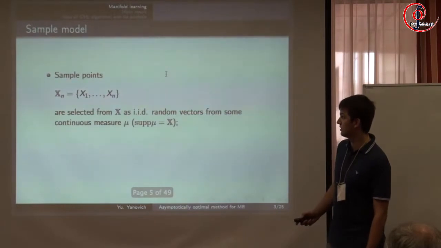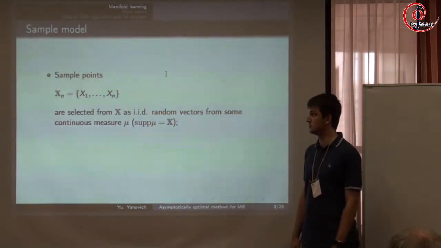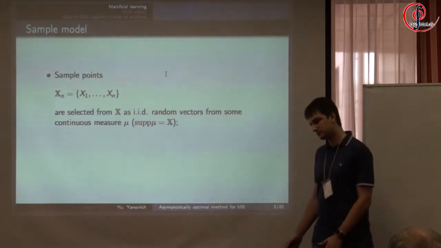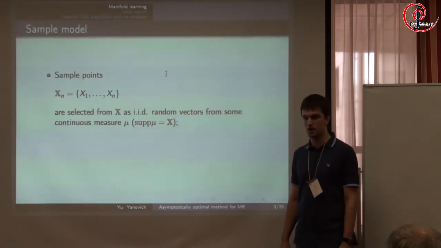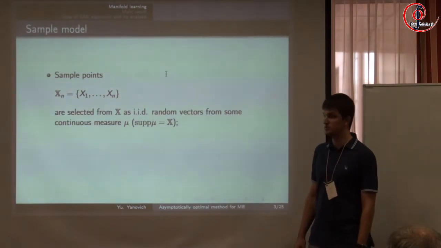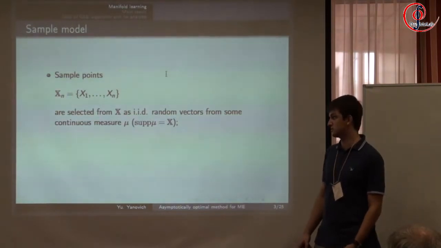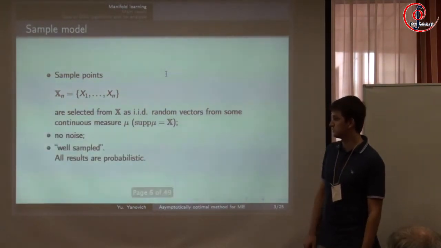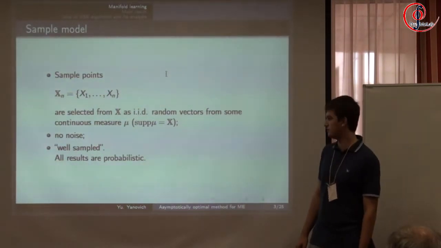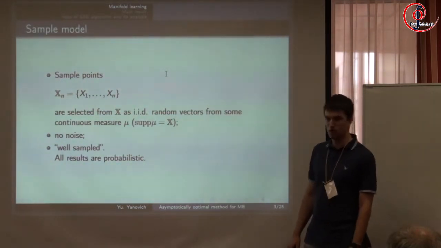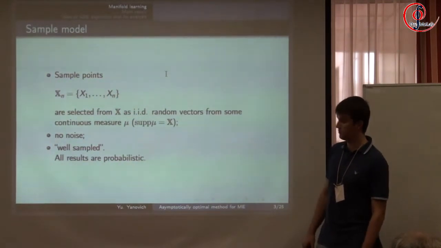More formally, we study our manifolds using finite samples of points. We suppose that these points are independent and identically distributed from some continuous measure. And we suppose that there is no noise, so these points are exactly on the manifold, and all our results, of course, are probabilistic because of the random nature of the sample.